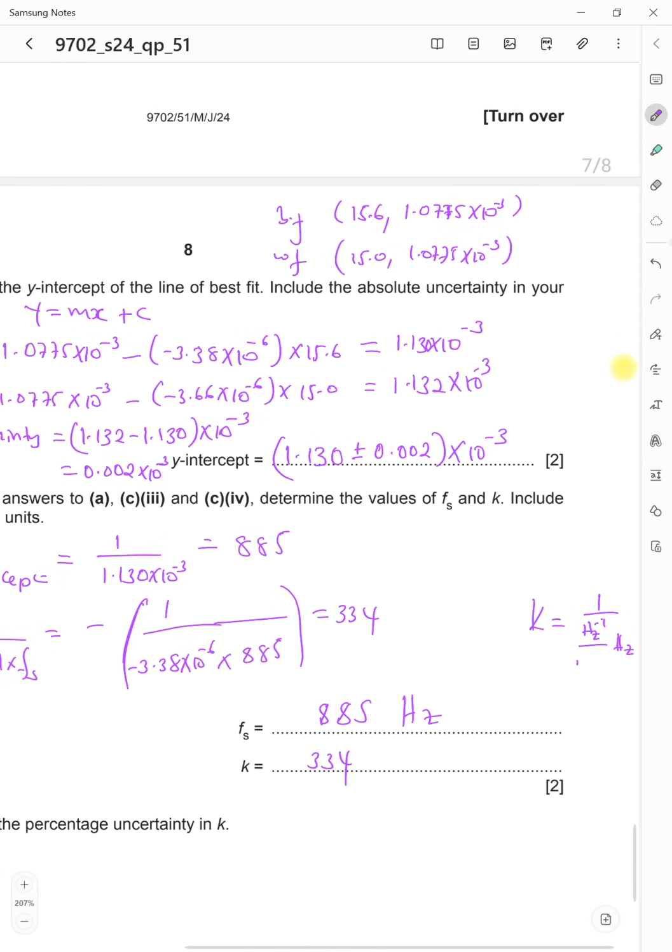So divide by meters per second. Remember, hertz is the same as per second. So meters per second, and then per second, this one cancels with that one, I think. So it becomes meters hertz, I think.